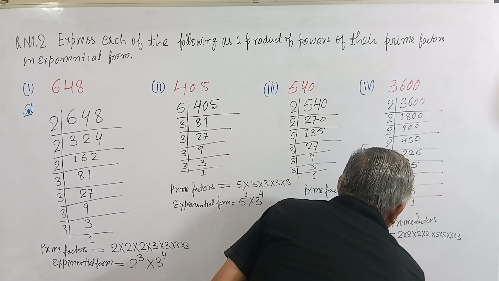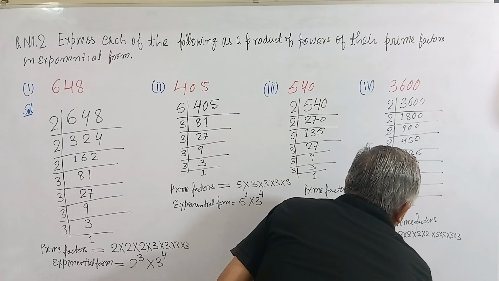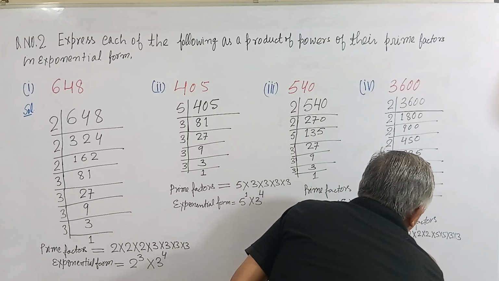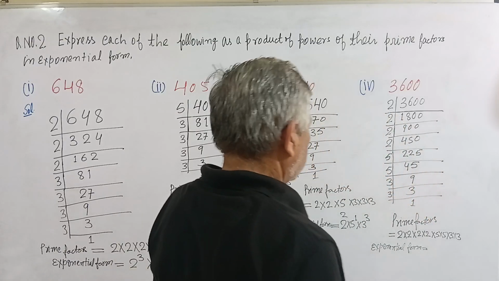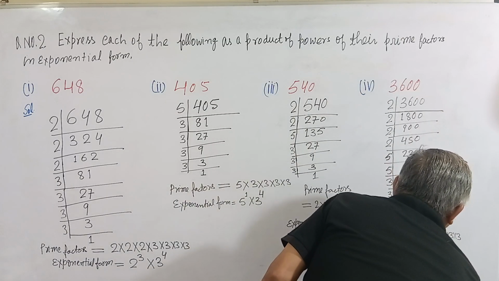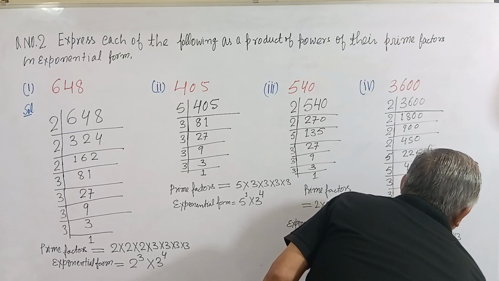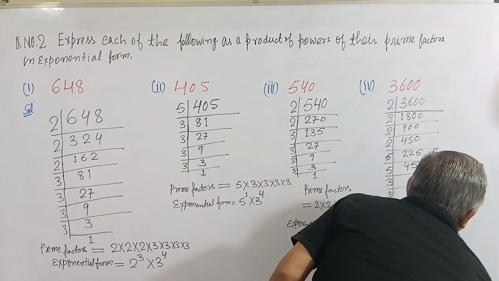So exponential form of this will become, since 2 is 4 times, it is 2 to the power 4. 5 is 2 times, 5 power 2. 3 is 2 times, 3 power 2.